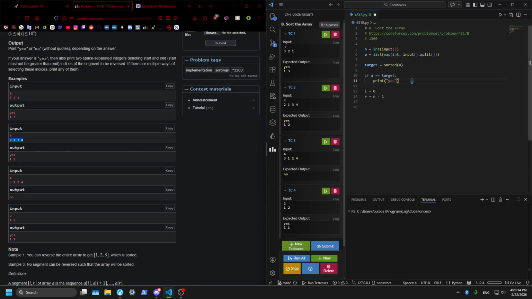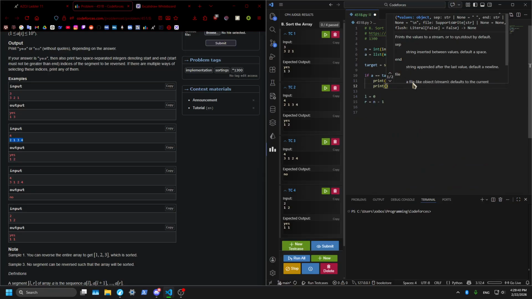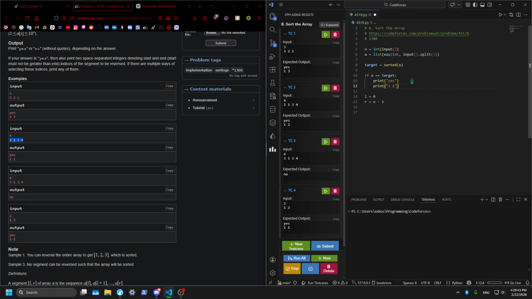We print yes, and then we print 1, 1. And then exit. So that's the case where it's already sorted.